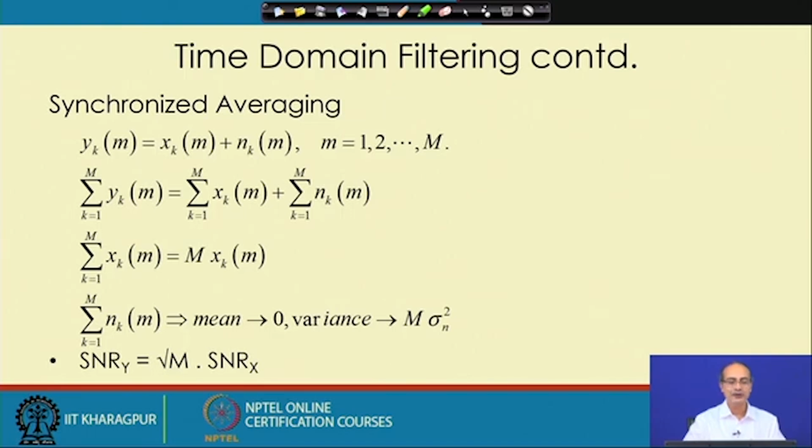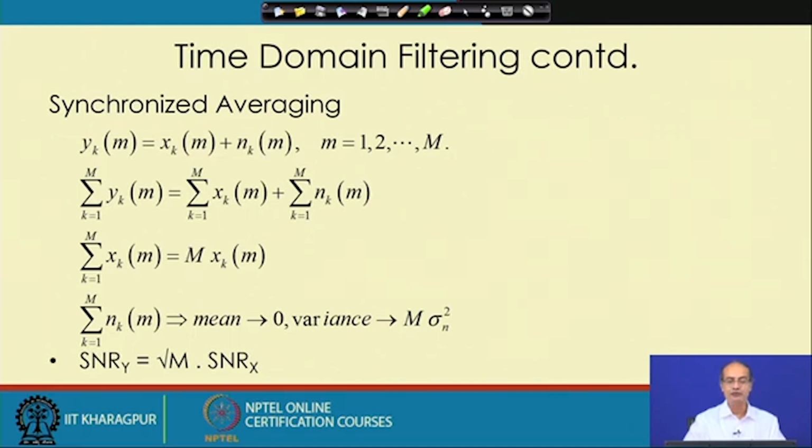Here we are talking something very similar: we have the signal x k with which the noise n k is added, and because the noise is added, what we can observe is y k. We cannot get access to x k directly, and our intention is to get rid of n k, the noise component.